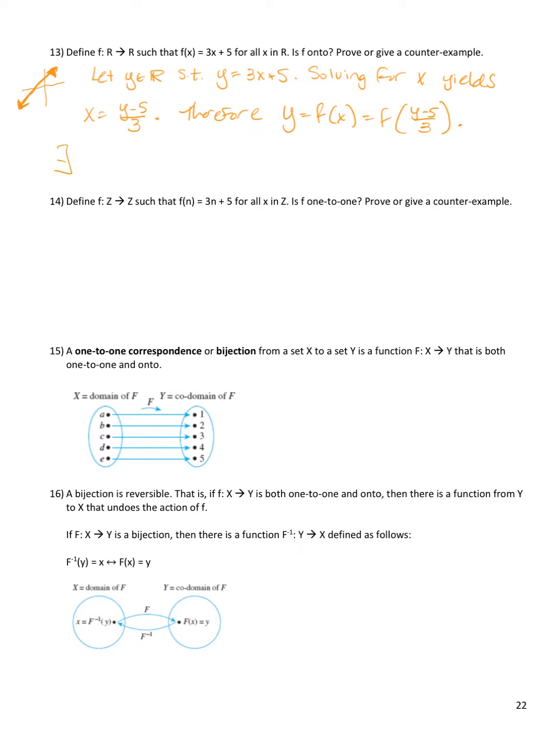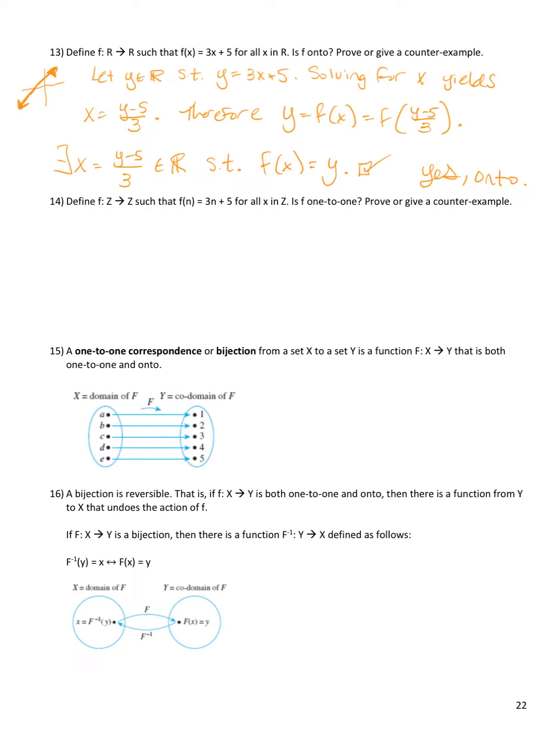So there exists an x in the reals, which you calculate by doing (y minus 5) over 3, such that f of x equals y. So yes, this is onto.